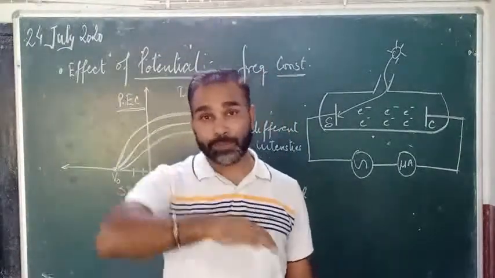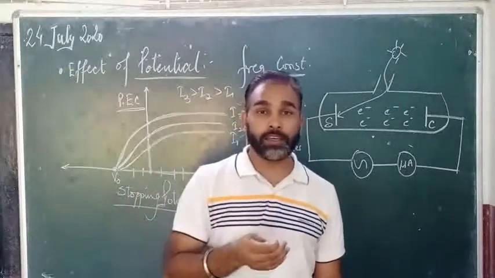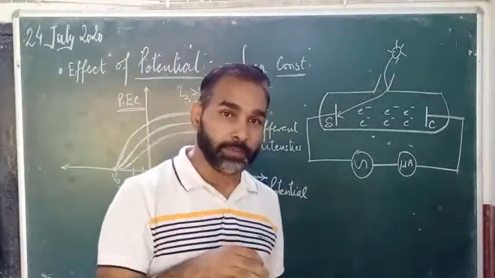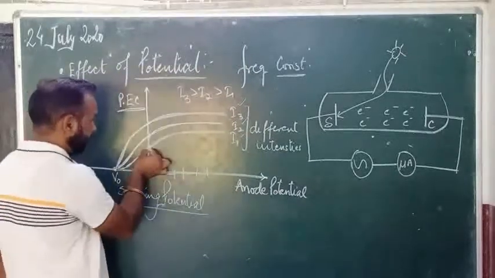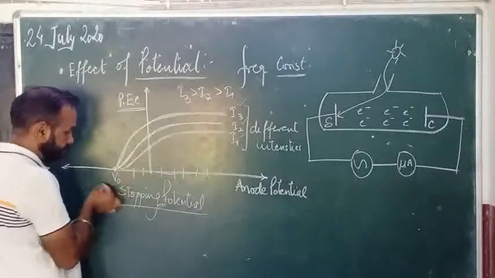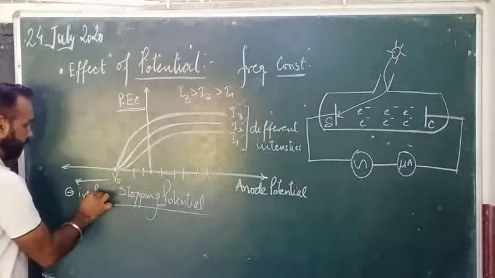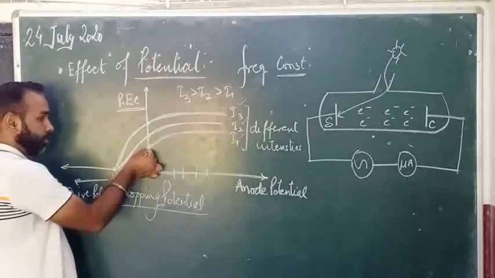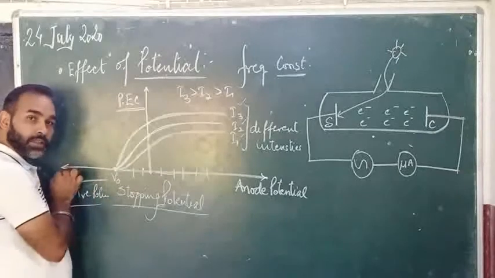Now when the negative potential is applied, तो photoelectric current gradually decrease हो रहा था, और कुछ टाइम के बाद वो zero हो गया. So this side is the negative potential. When negative potential is applied, the amount of current decreases, and after some time it becomes zero.